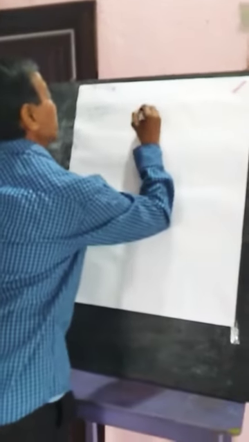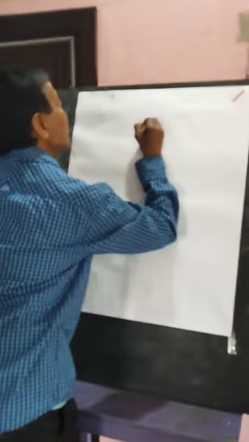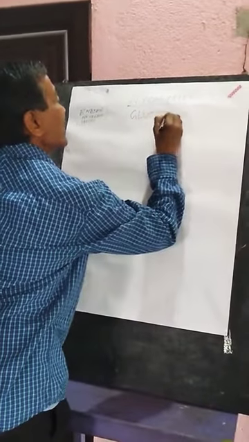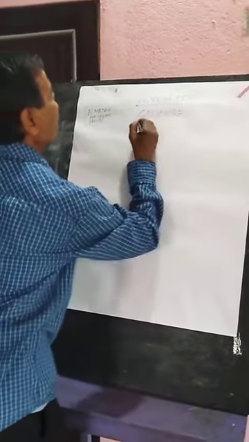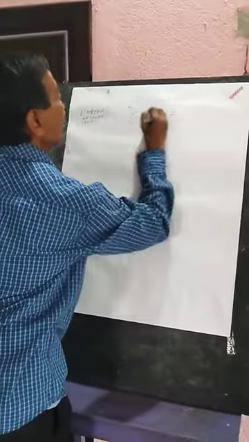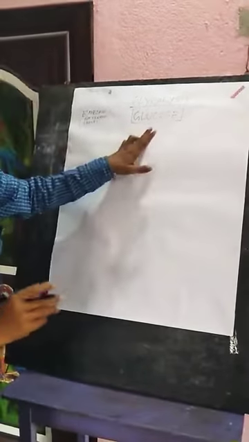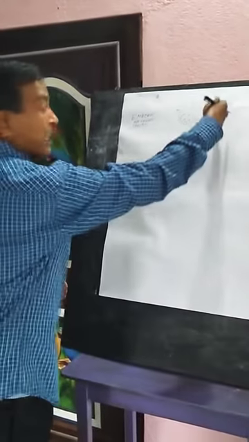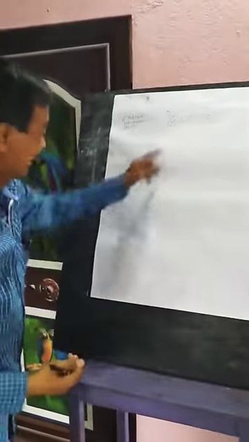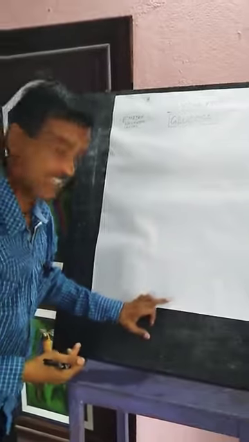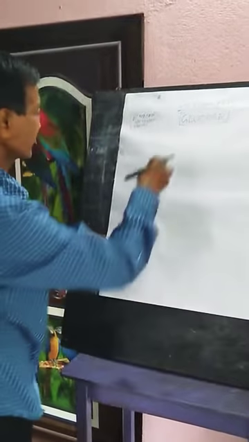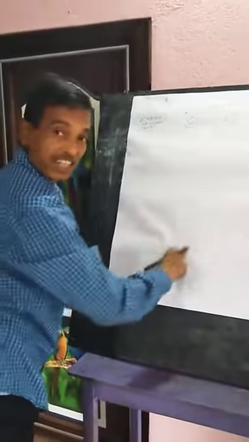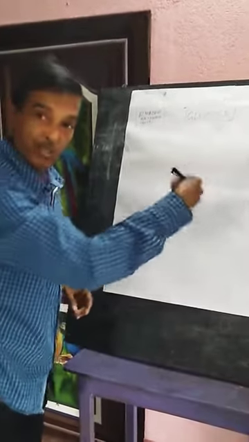The starting compound is glucose. Glucose breaks down by a series of enzymatic reactions, and lastly we will get pyruvic acid. The series of 10 step reactions we will discuss one by one.